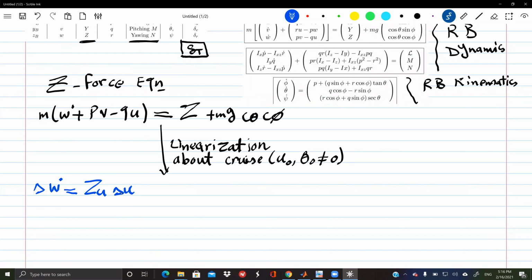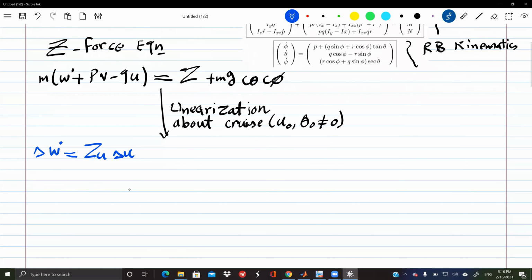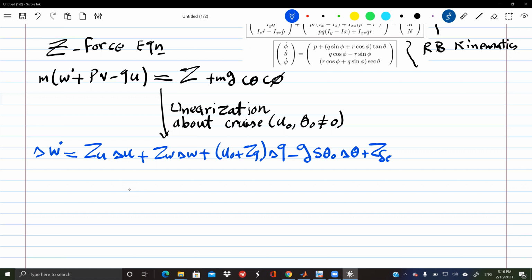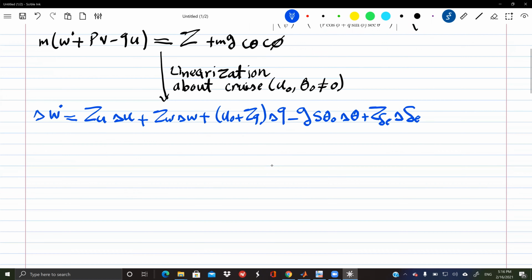Again, what is delta u? It is u minus u naught, the change from the operating condition, plus Z_w delta w plus (u naught plus Z_q) delta q, negative g sine theta naught delta theta, Z elevator times the change of the elevator from the nominal position, Z thrust times the change of the thrust input. This was the resulting equation.